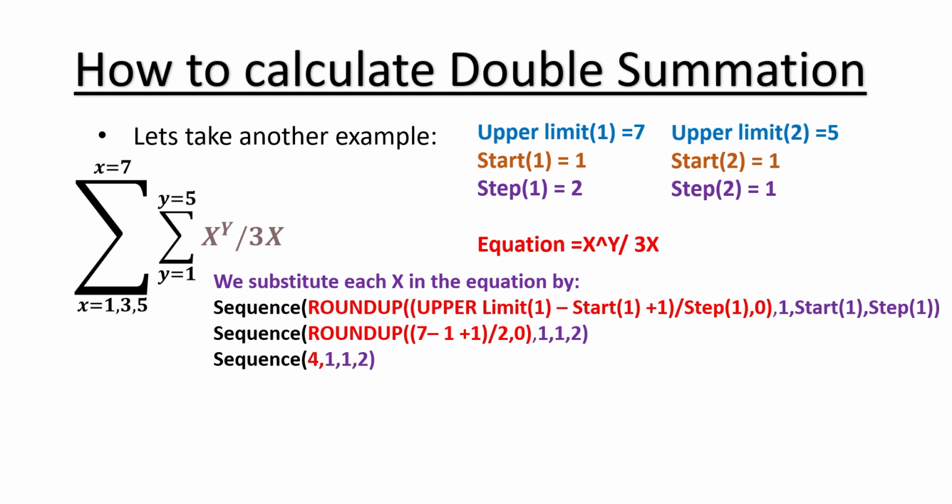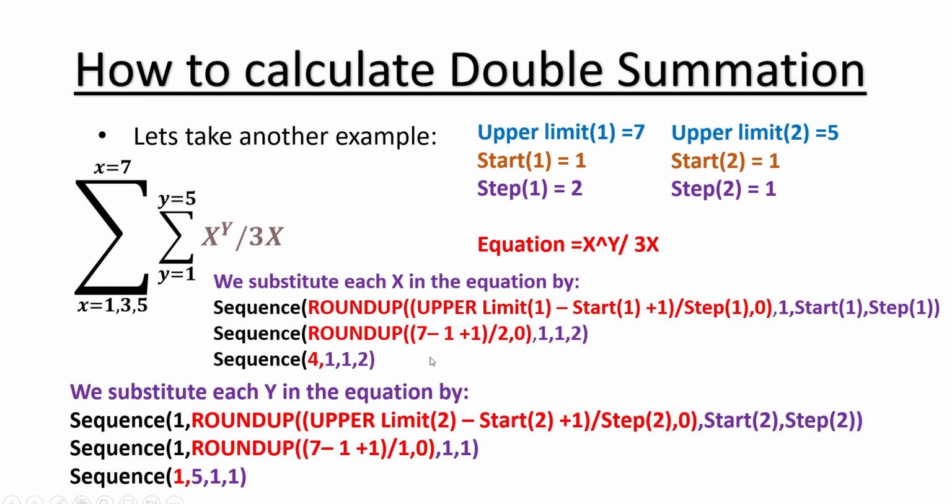We have seen this before. We substitute now each x in the equation by sequence with this formula. This is x now, power, this is x. Now I substitute with the numbers, with values, so it will become like this.